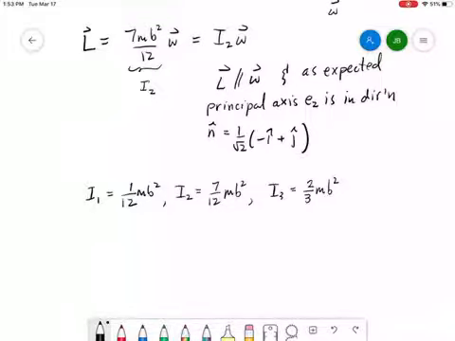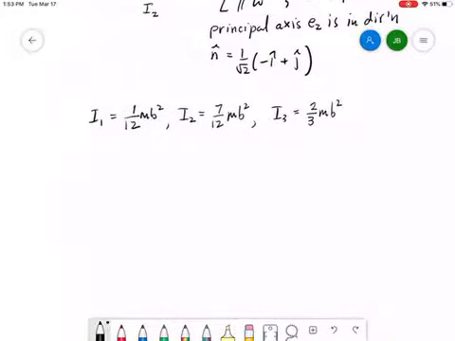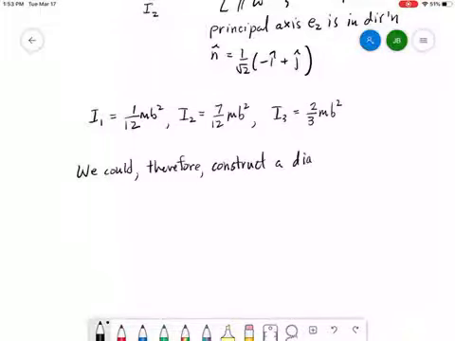All right. So we could, therefore, construct a diagonal inertia tensor.